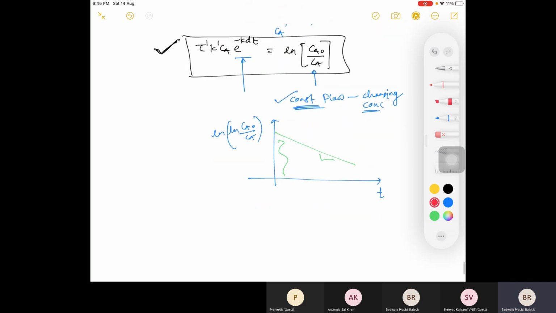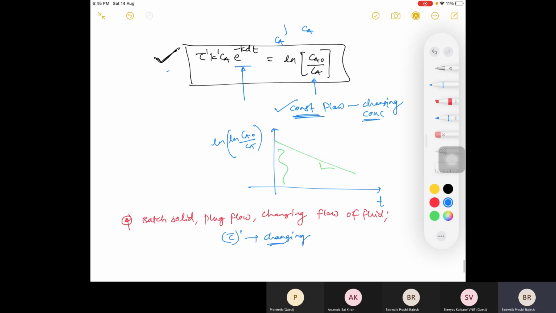Then we'll go for the next process, that is the fourth one, batch solid, plug flow, changing flow of fluid. In that case, I already explained, tau dash is changing.